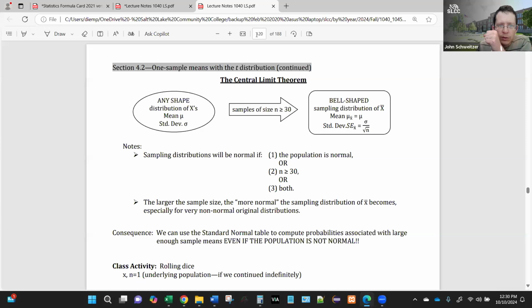On page 120, we have the central limit theorem. There's two ways of getting a normal sampling distribution. Either the underlying parent population is already normal, or we have a large enough sample. So how large is large? 30 is a good rule of thumb. If you have samples of size 30 or more, then the central limit theorem will kick in and the sampling distribution will be approximately normal.